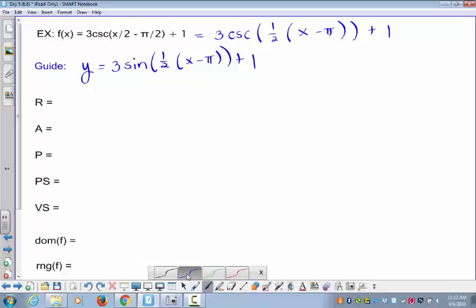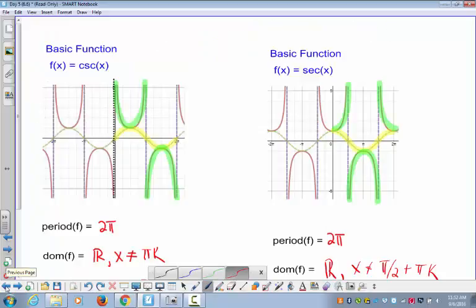These characteristics will be for the guide. If we were looking at amplitude, would it make sense to talk about amplitude for cosecant or secant? Amplitude, by definition, is the maximum distance above or below the center line.